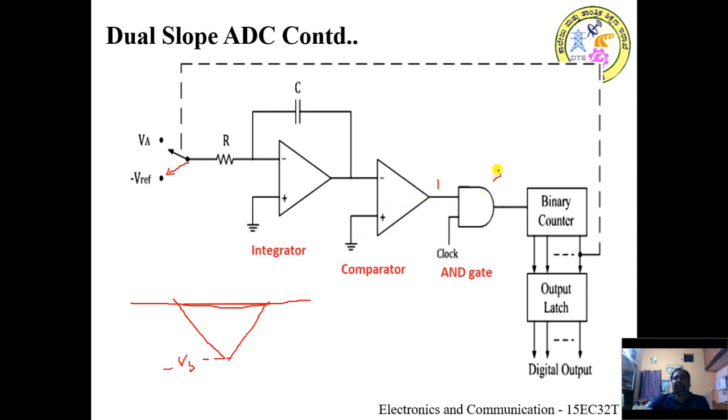Again you will be supplying the clock pulses to the binary counter. In the previous operation it was reset to 0. Now again it starts doing an up count operation. Whenever this Vs value reaches 0 volt, the comparator output becomes logic 0.